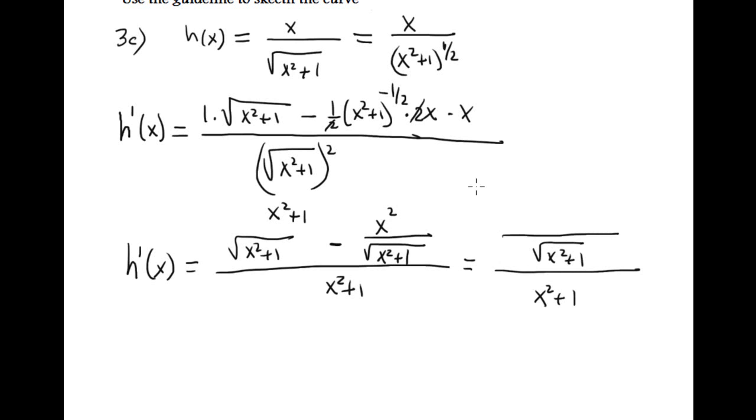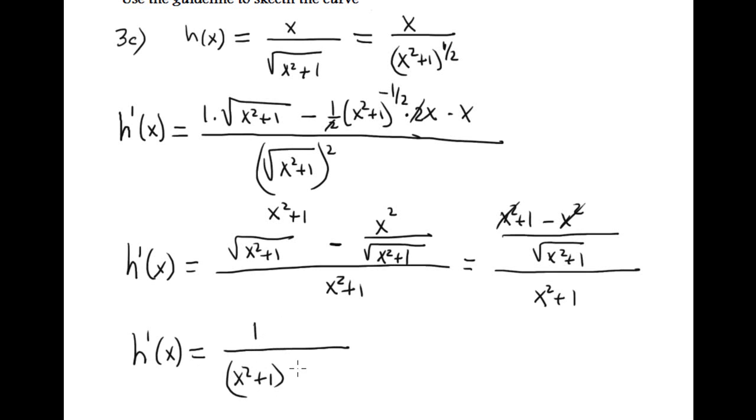This time it is x squared plus 1 minus x squared, which cancels. So the first derivative is 1 over x squared plus 1 times radical x squared plus 1.